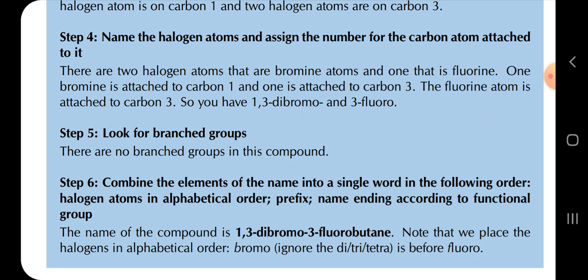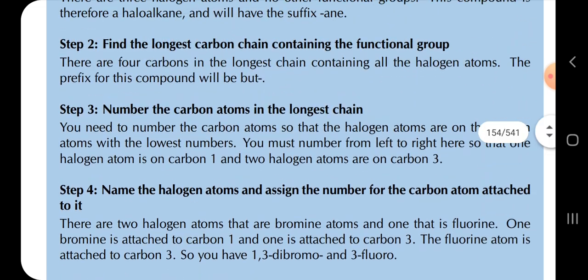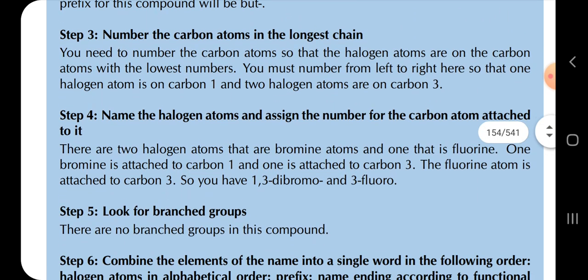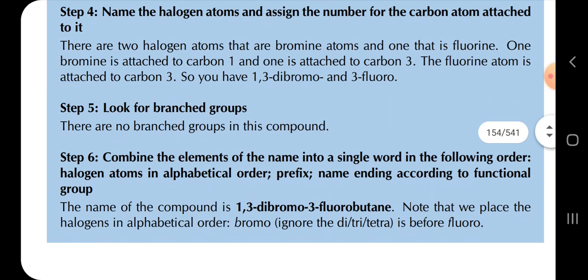So you have 1,3-dibromo and 3-fluoro. The bromines are on carbon number 1 and carbon number 3, and then we also have fluoro on carbon number 3. So that's how you write it. And there are no branch groups in this compound. So the name of the compound is 1,3-dibromo-3-fluorobutane.